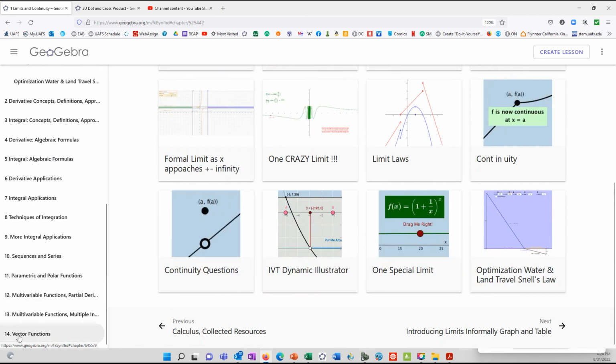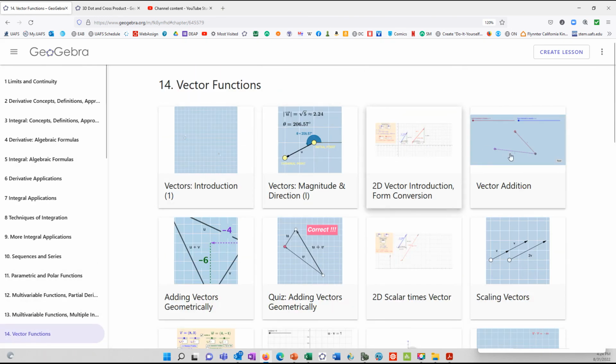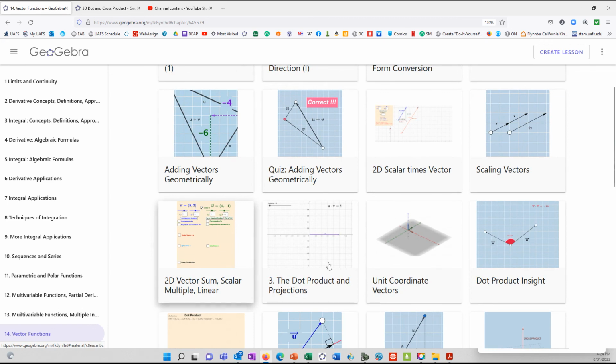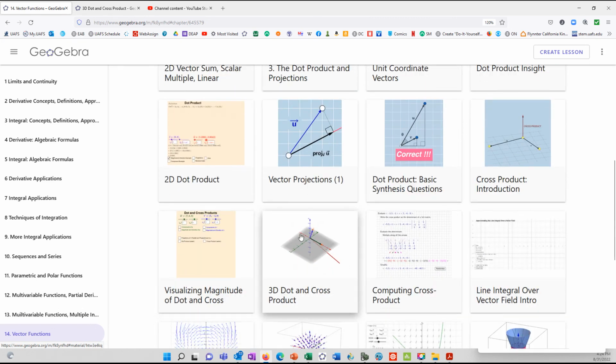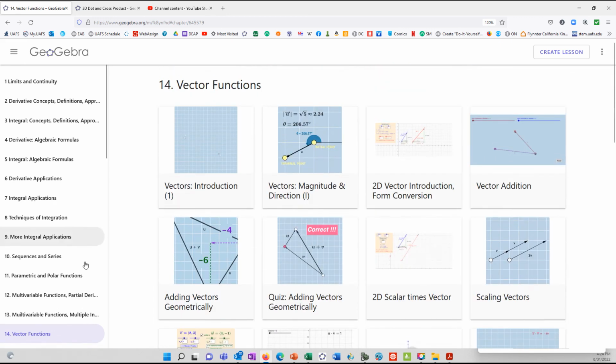These are down here under vector functions. And some of these I did, some of these other people did. So this one, this one, this one, this one, this one are mine. Here's one, there's one. This one is right here, the one we just did. And here are some other ones that we'll be using later on when we come back to vector functions toward the end of the course.